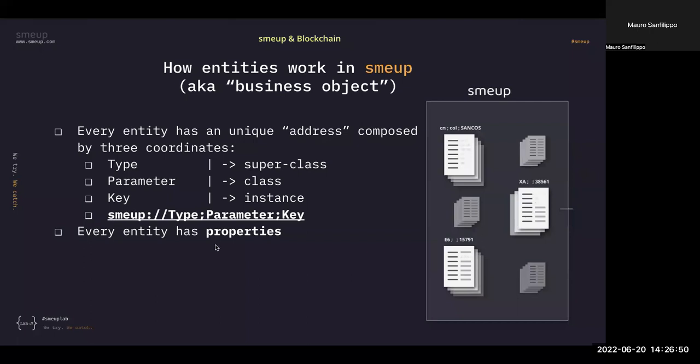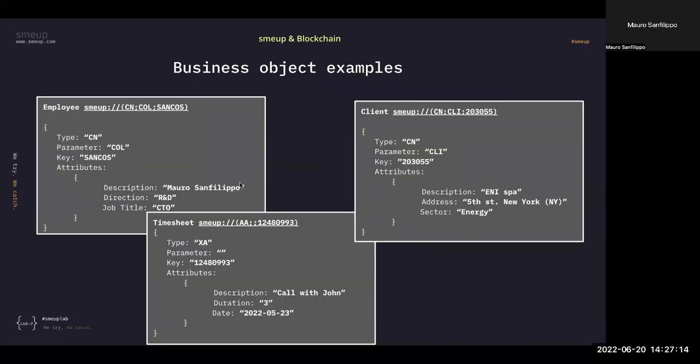And of course, every entity has properties. For example, this is one example of an employee entity. This is me as an employee. This is my address in a non-compact notation, and these are my attributes: description, what direction I am in, and my job title.